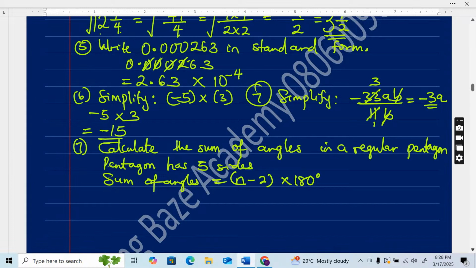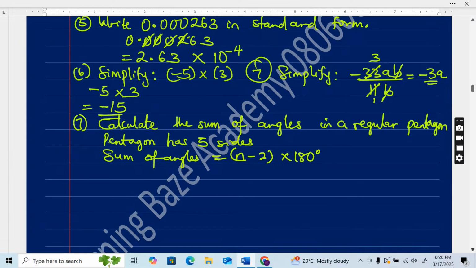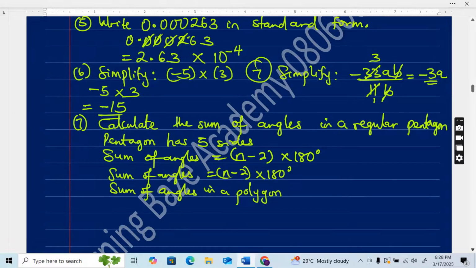Now, I want you to do something right now. Everybody go ahead and write this formula 5 times. Write sum of angles in a polygon is equal to n minus 2 times 180 degrees. I want everybody to write this down now.